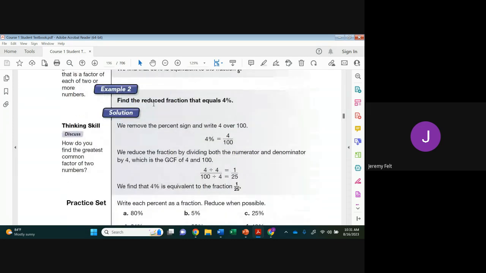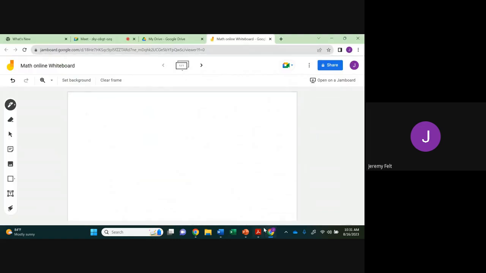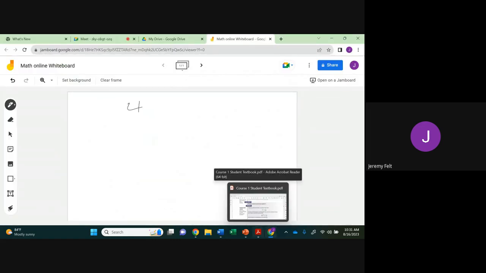Okay. Find the reduced fraction that equals 4%. Again, 4%, we're going to do 4 over 100. Okay, again, you may see right away, oh, 4 goes into 4 and 100. That's great. You may start with 2 because they're both even numbers. Okay, divide both of these by 2 or factor 2 out.